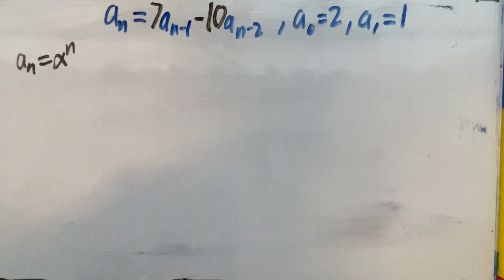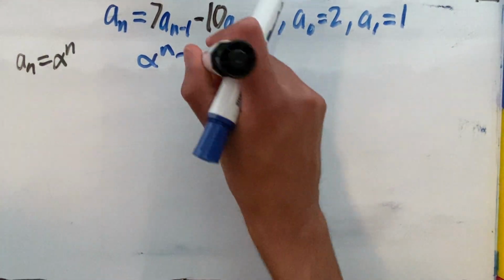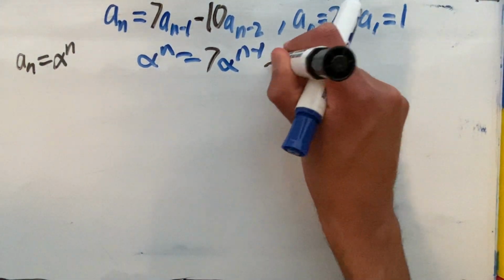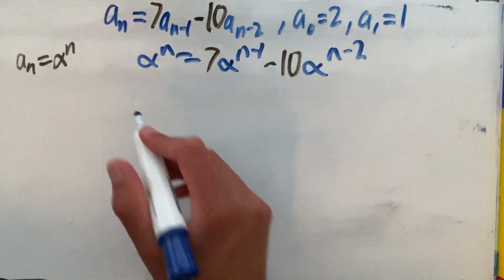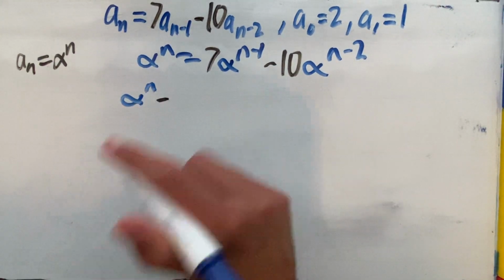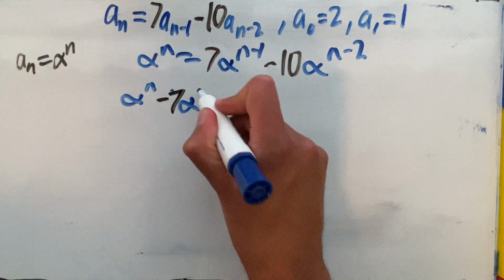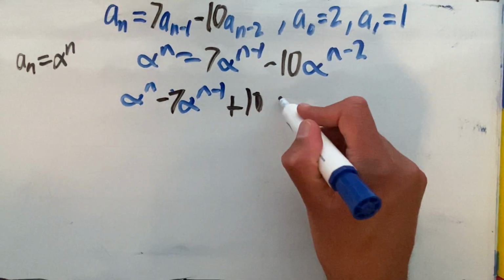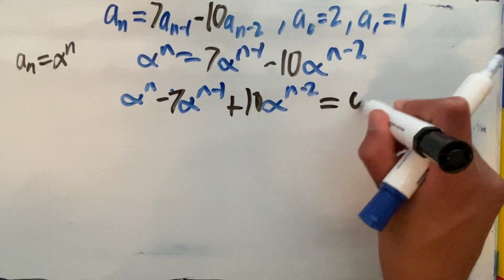So in this case, that's going to let us say that alpha to the n equals 7 times alpha to the n minus 1 minus 10 times alpha to the n minus 2. And then we can move everything to one side and say that alpha to the n minus 7 times alpha to the n minus 1 plus 10 times alpha to the n minus 2 equals 0.